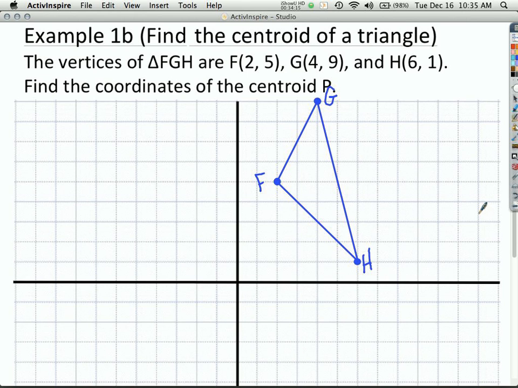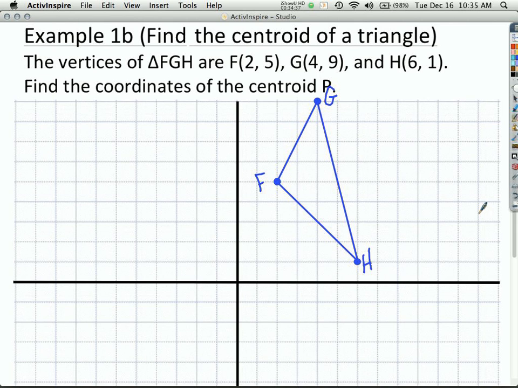Now, finding a centroid. A centroid is based on what type of special segment? What special segment do we use to then create a centroid? If you need to look it up now, that's fine. What's the type of segment we're going to use? Stephanie? Medians.